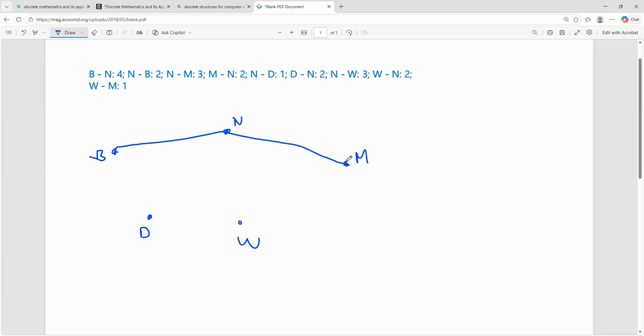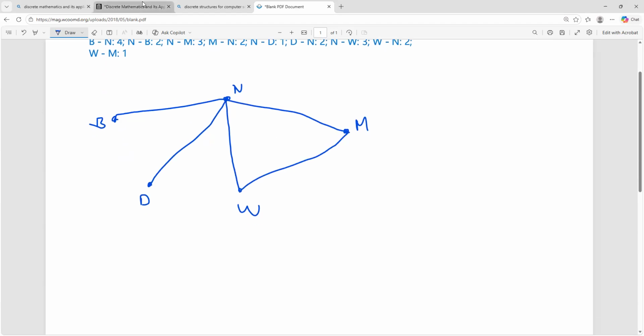As long as you get the edges between the vertices correct, it doesn't really matter where you draw each vertex or which orientation, as long as the edges are good. As long as this edge BN exists, then that's fine. Newark to Detroit, Newark to Washington, and Washington to Miami.